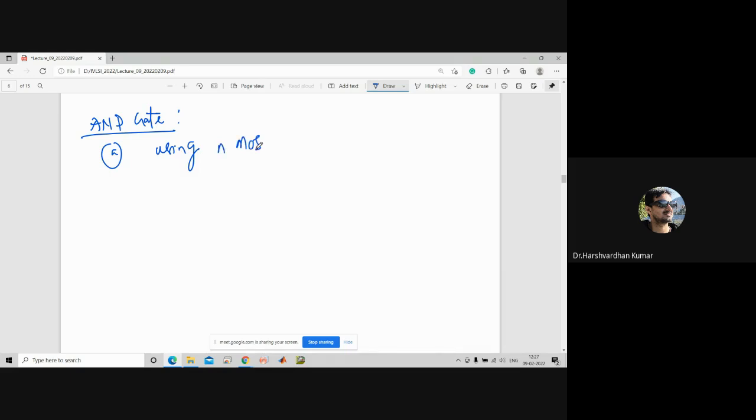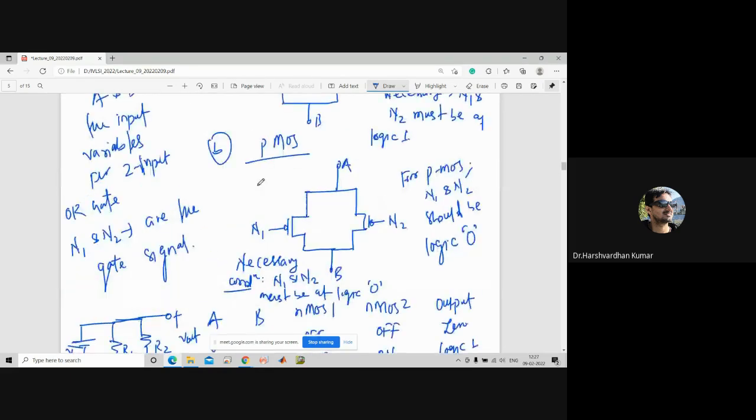So let us say using NMOS. Okay. Based on this, if I ask you in the exam to design the OR gate using the PMOS transistors for 3 input OR gate, what will be the number of transistors?